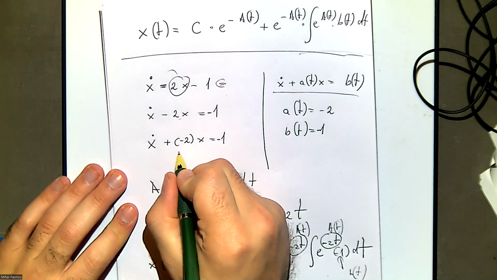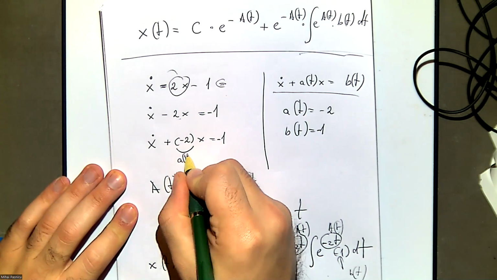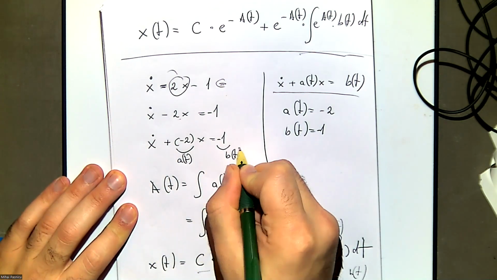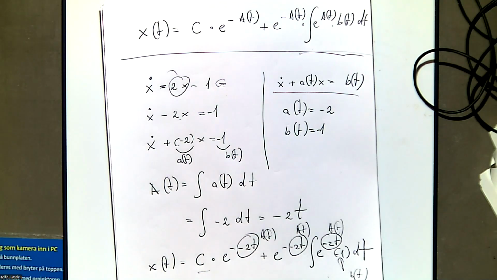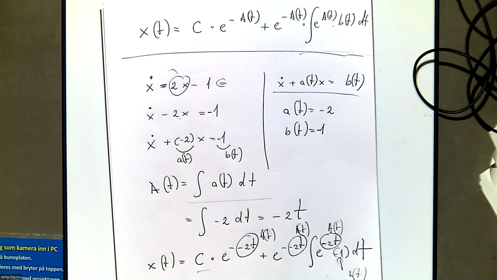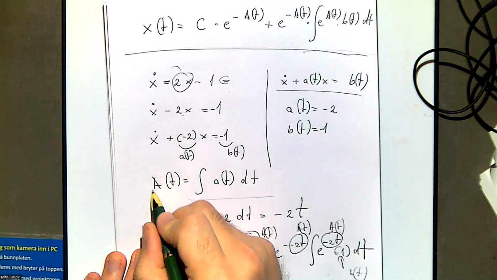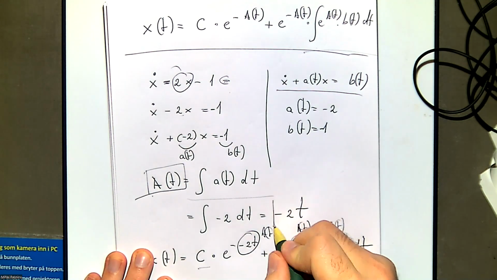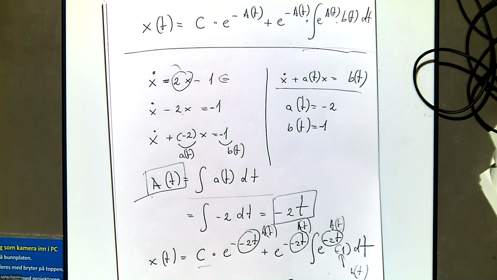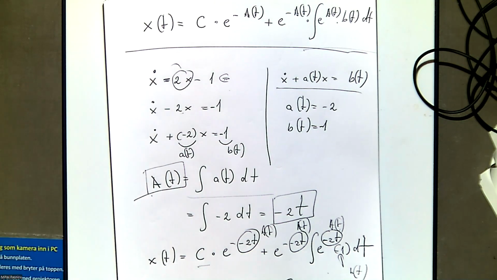This way I can highlight that this thing is a of t, and this thing is b of t. Once I've done that, I compute the integral of small a, and I get that big A of t is equal to minus 2t. Now I'm just going to use the formula and replace my things in the formula. And that's it. Does that answer it? Yes. Okay, cool.